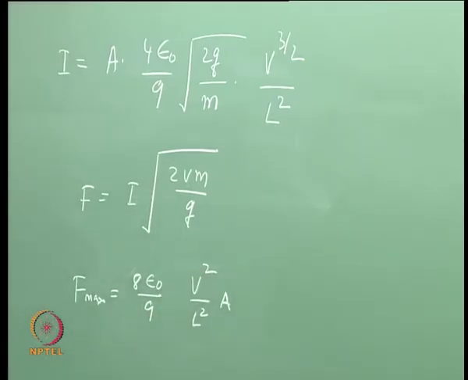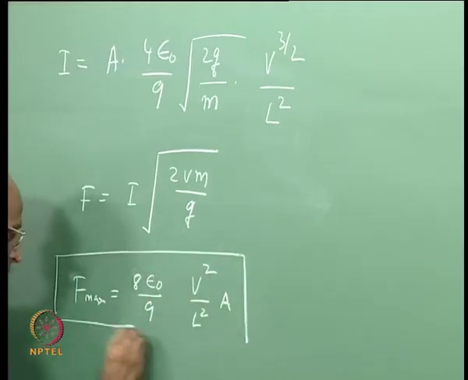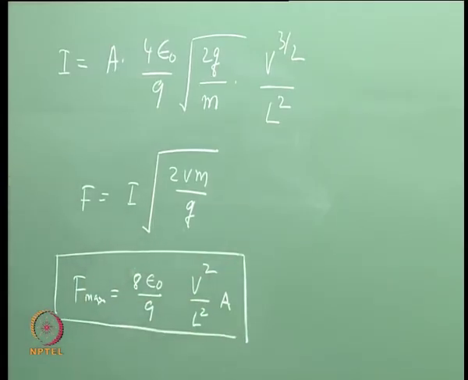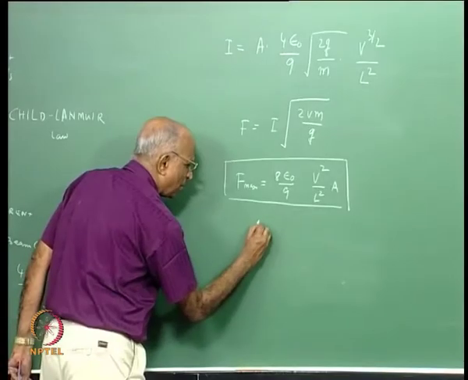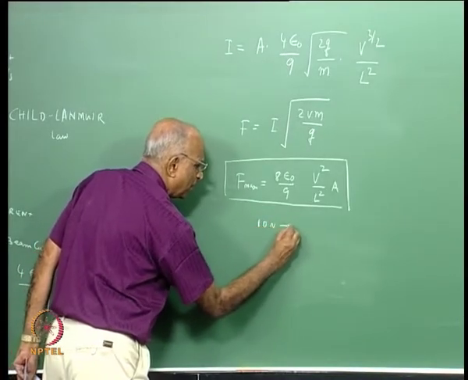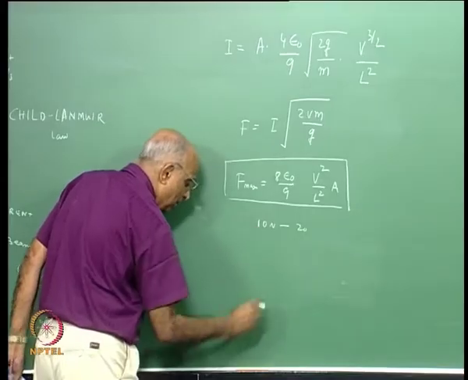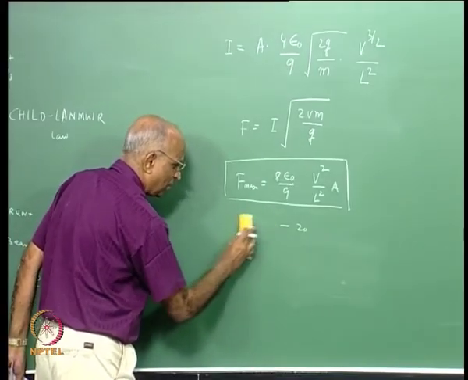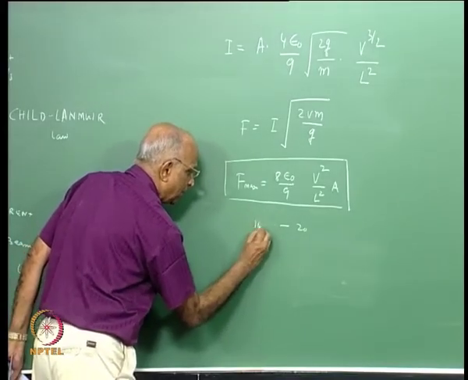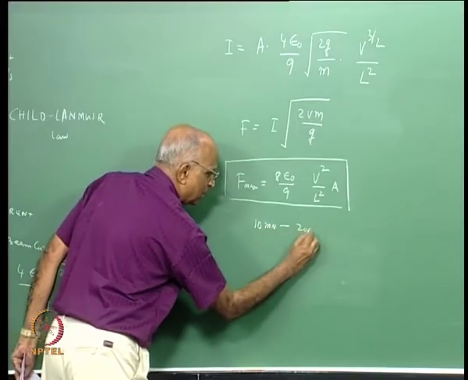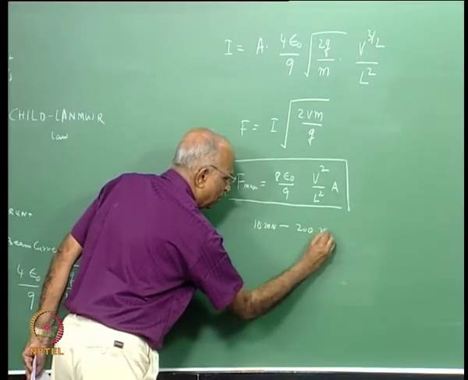This is the equation for the maximum thrust which can be developed by an ion thruster, and we find that normally the thrust is around 10 millinewton to something like 200 millinewton, very low thrusts.